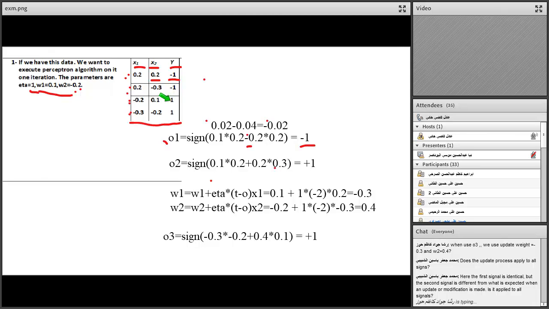So we have to continue the algorithm until we have a weight for which the target and the prediction are equal for all of the data. So when we come to the fourth data, then we have to go to the first data, and we have to find a weight that for all of the data, the target and the prediction is equal.